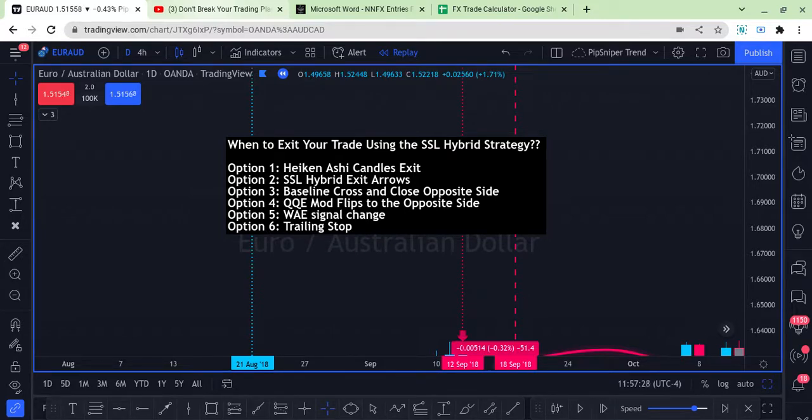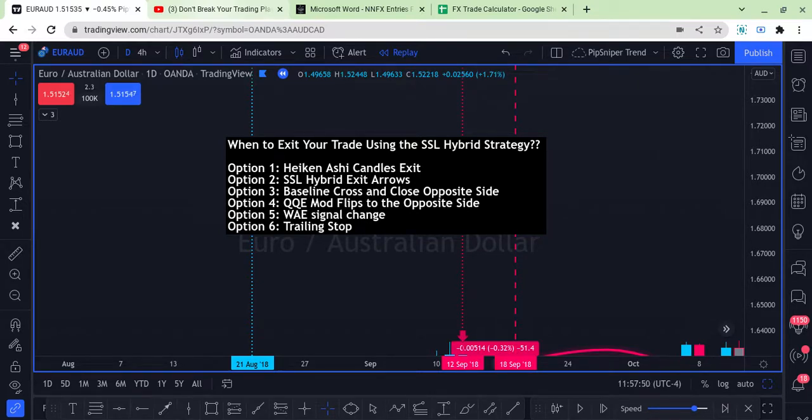And because I'm complex the way I think sometimes, I could have asked, are you talking about specifically just using SSL hybrid, or are you talking about the no nonsense forex algorithm? Because I didn't ask, and because I'm teaching other people how to trade a particular way, I didn't want to just give one answer and they think this is what I'm telling them to do every time we trade.